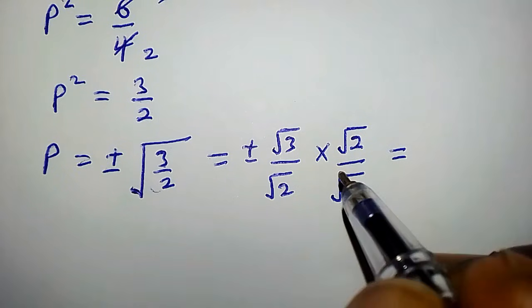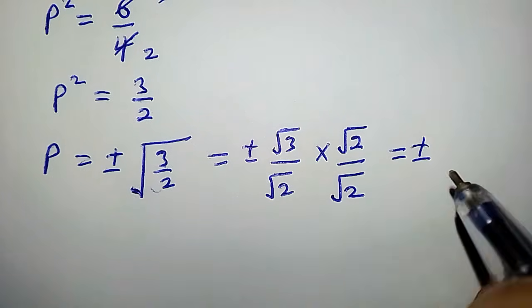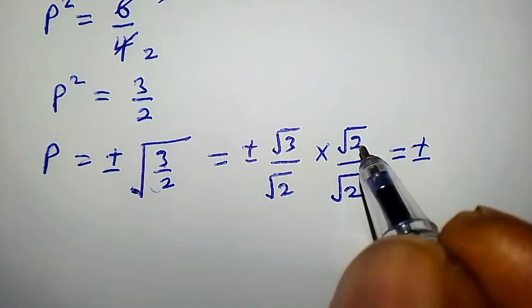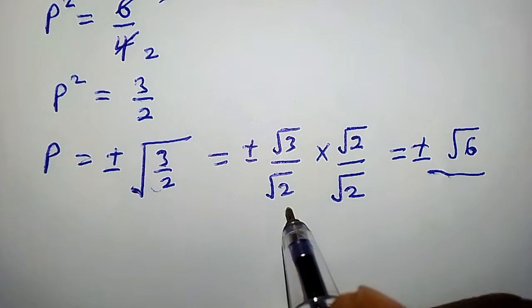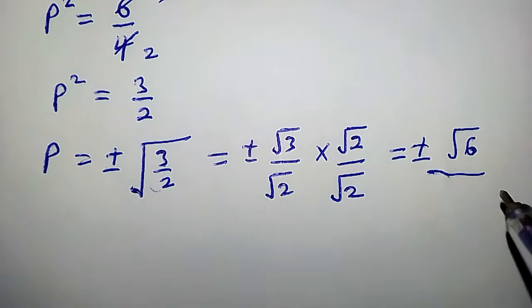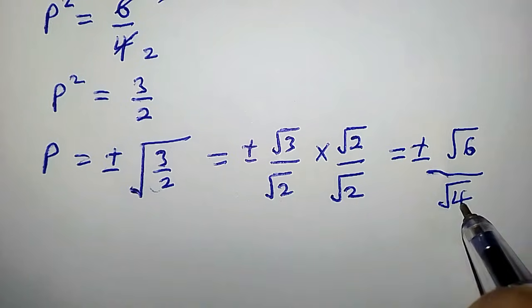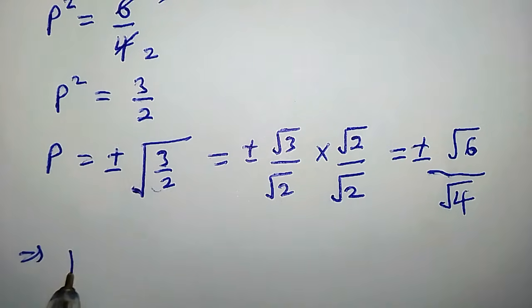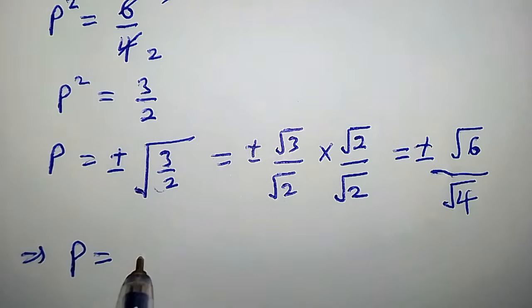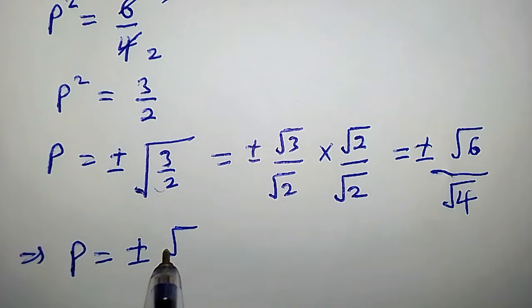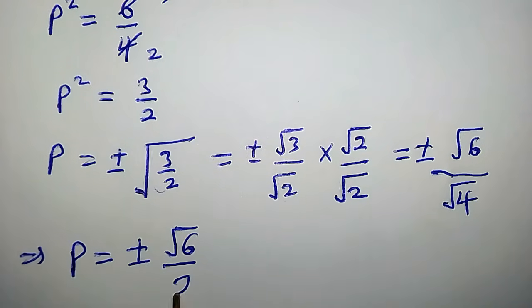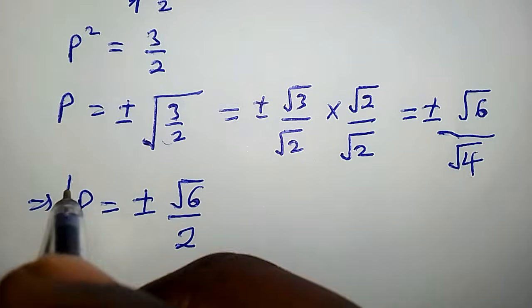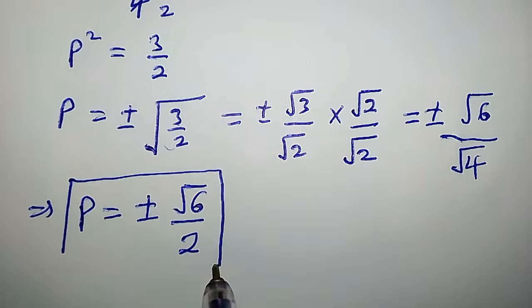This equals plus or minus square root of 3 times square root of 2, that is square root of 6, over square root of 2 times square root of 2, that is square root of 4. This implies that P equals plus or minus square root of 6 over, what is square root of 4? That is 2. So this is the value of P.